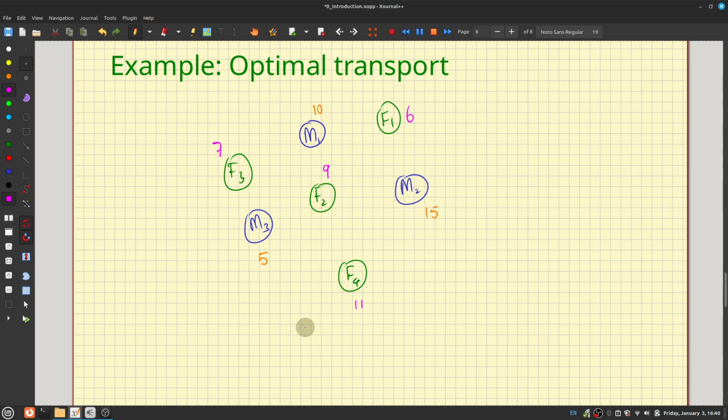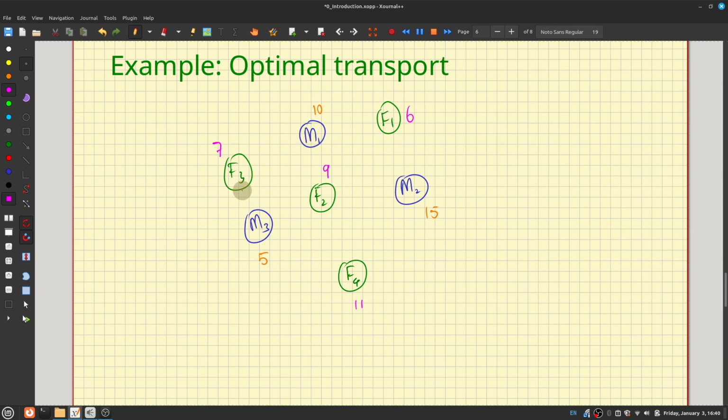Whatever, I'm just making up some numbers, right? Now, again, the whole objective now is to decide how much ore has to be transported from which mine to which factory. After all, there are transportation costs involved, right?